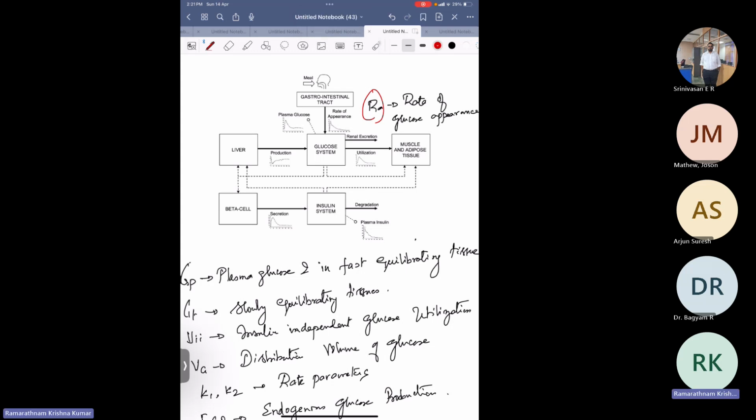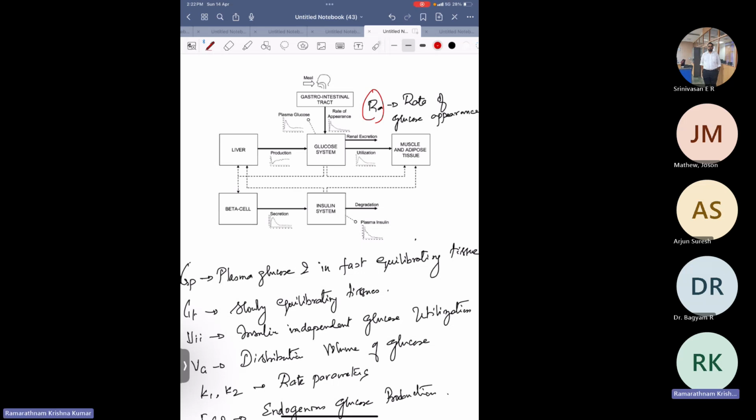Once the glucose appears, we go from meal to glucose appearance, RA. We will see a bit later how to convert it. Now let us assume that RA has come in, and I have the glucose system, with various compartments. In fact, there are two systems: a glucose system and an insulin system.